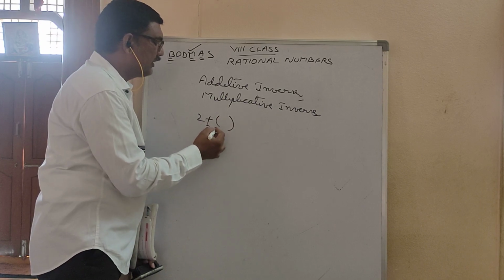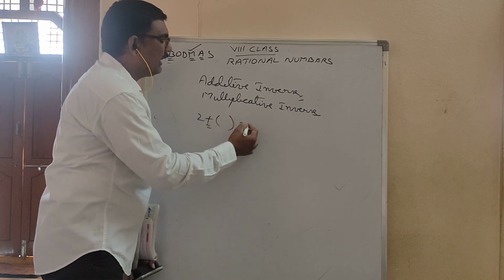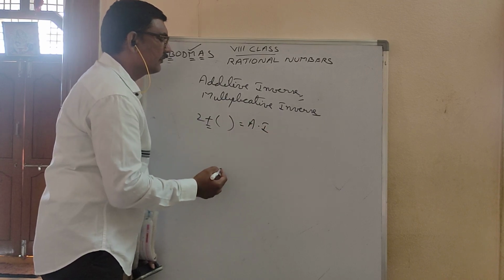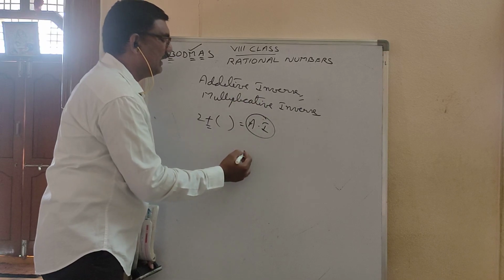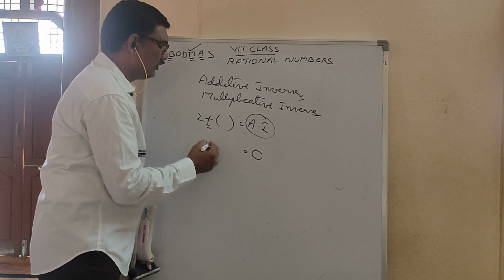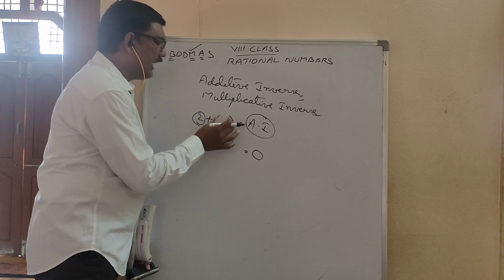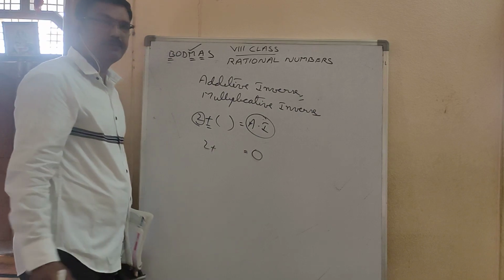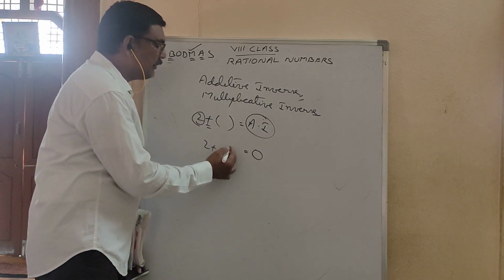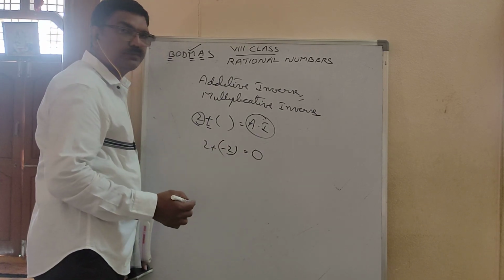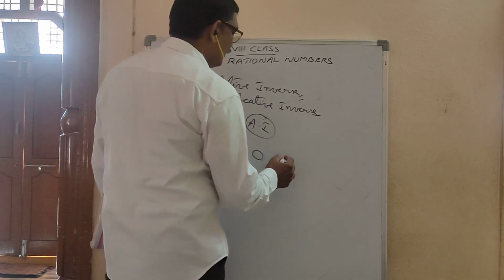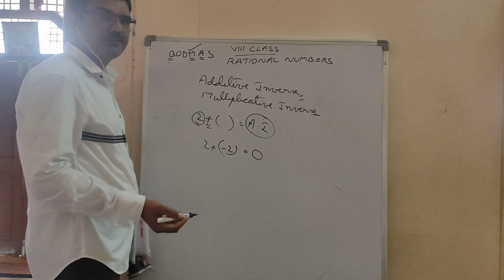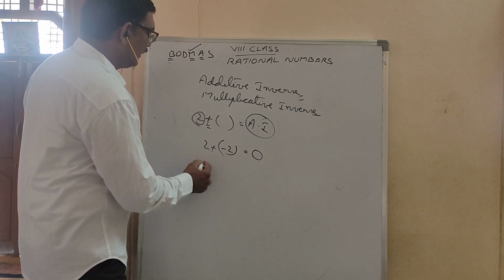You are doing addition, and by adding you should get the additive identity. What is additive identity? Just now I said additive identity is how much? 0. So you take one number, you add another number, and by adding, you should get the additive identity. Then what is this number? This number becomes minus 2. 2 plus minus 2. So here 2 plus minus 2 is how much? 0 only.